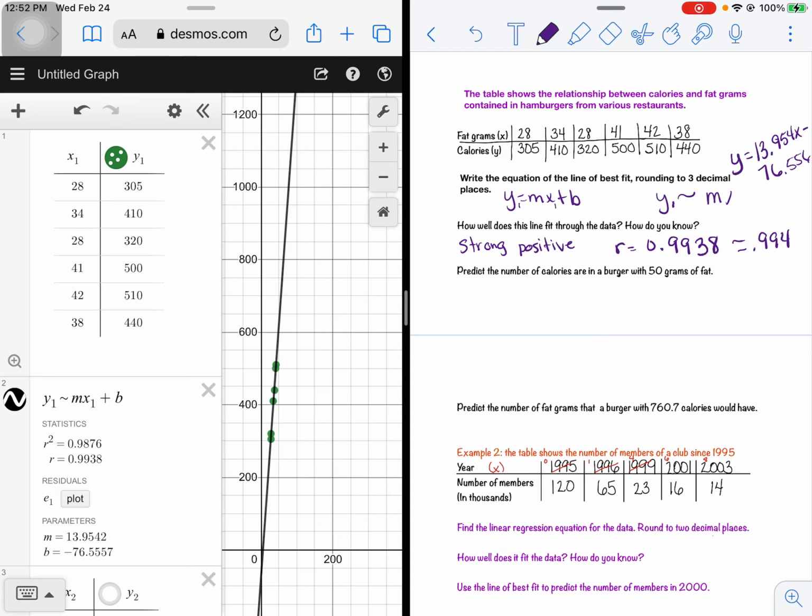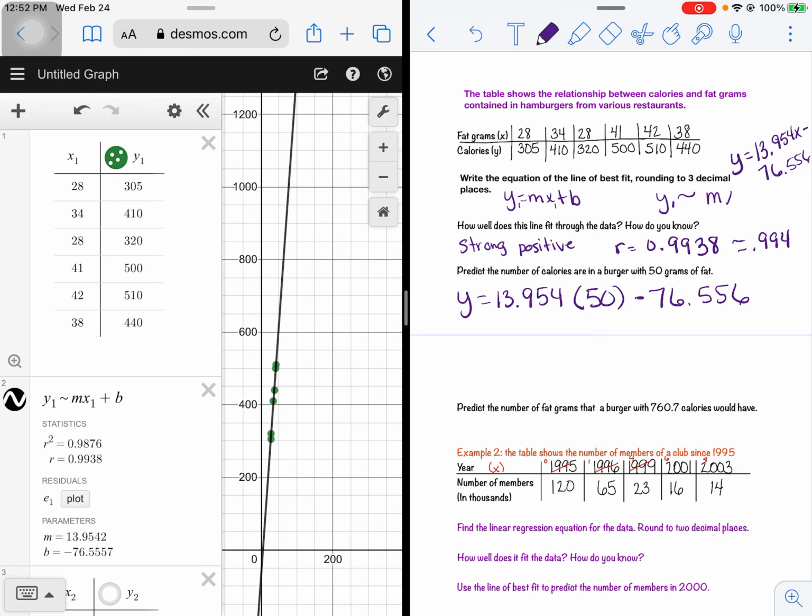Then it says, predict the number of calories that are in a burger with 50 grams of fat. If we know that our x is our fat, and we now have our equation, we can plug into our equation. Instead of x, we'll plug in 50. Then you can use your calculator.